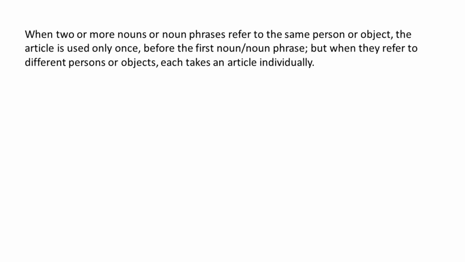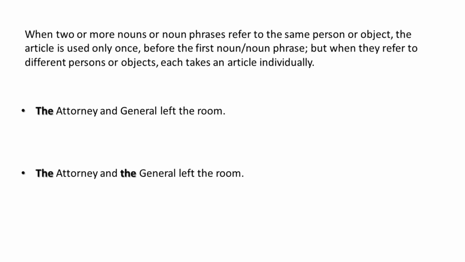Let us analyze some examples. The attorney and general left the room. The attorney and the general left the room. So here are two similar sentences, but they are not same. In the first sentence, before the noun attorney, the article the is used, whereas before the noun general, no article is used.